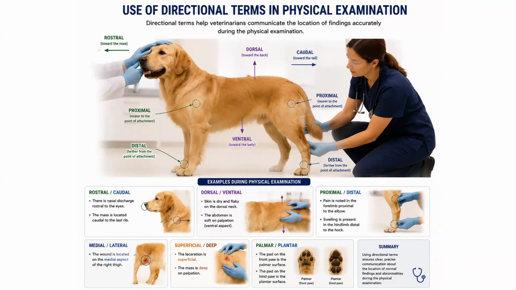Imagine now you are to carry out a cesarean section and you're meant to make an incision on the left abdominal flank of this animal. And then you don't know where the abdominal flank is. But with your proper knowledge of directional terms, body planes, and body cavity, the body cavity will help you locate where the abdomen is found. The body planes will help you locate which part is the right part to carry out this surgery.